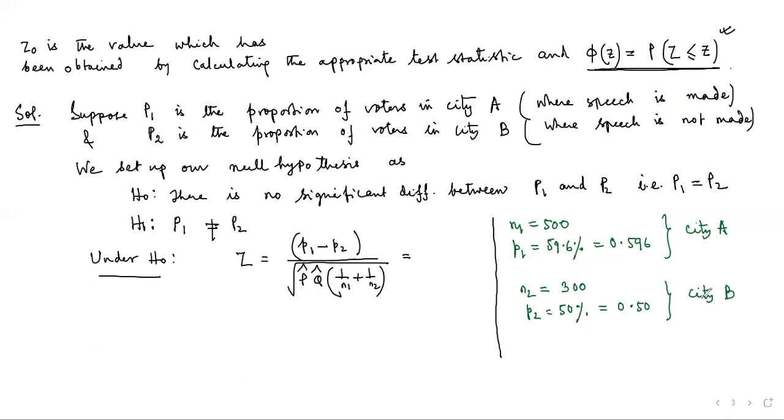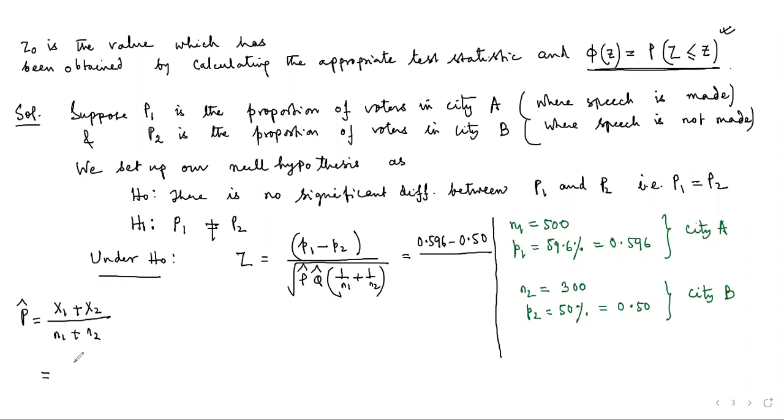Okay, now you can easily put the value of P1 in the formula, which is 0.596, and the value of P2, which is 0.50. P cap can be calculated by the formula (x1 plus x2) by (n1 plus n2), but x1 and x2 are not known. Rather, we have small p1 and small p2.